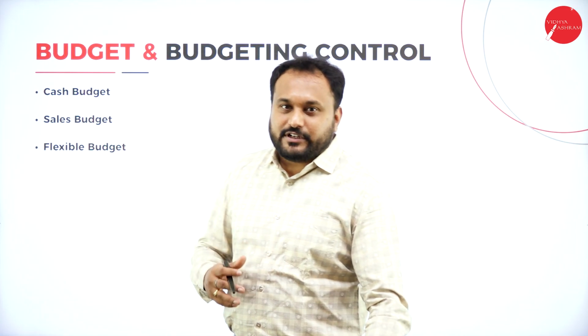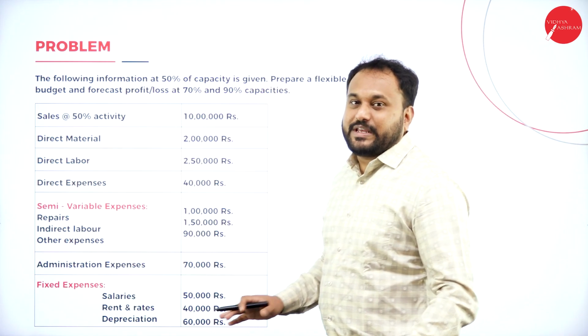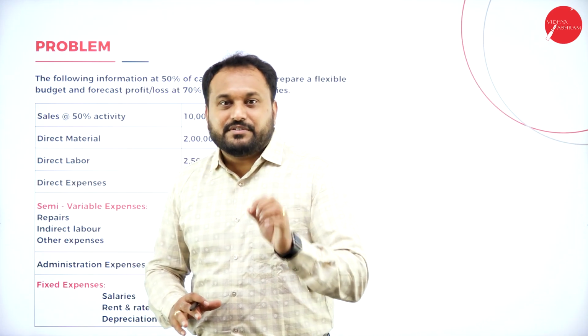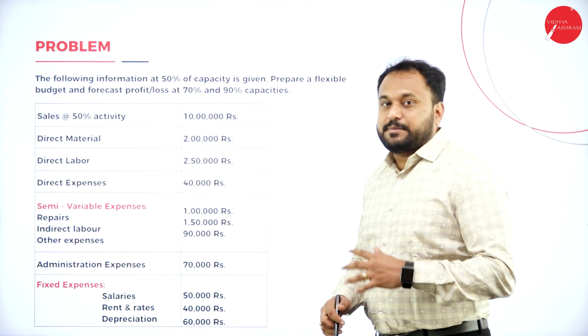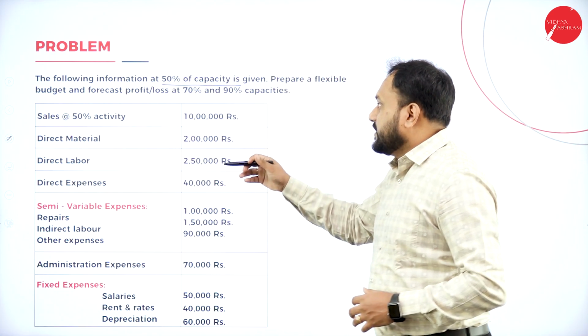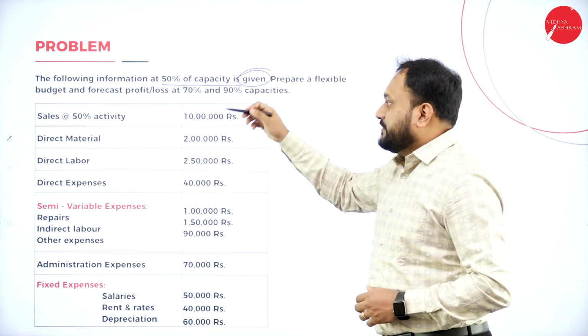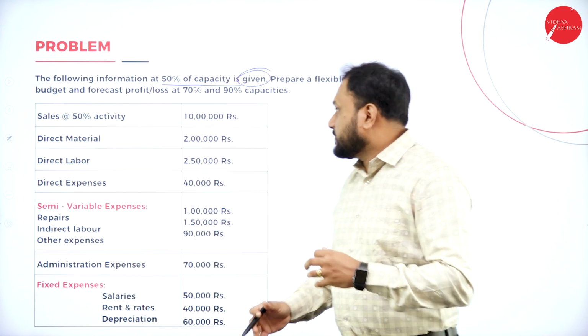So let's go with the first one. What exactly can the questions be? See here, the question is very straightforward. They have given the following information at 50% capacity. The minute you say 50% capacity, understand that whatever is given here is for 50% capacity.